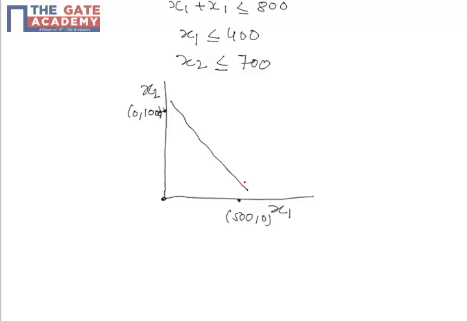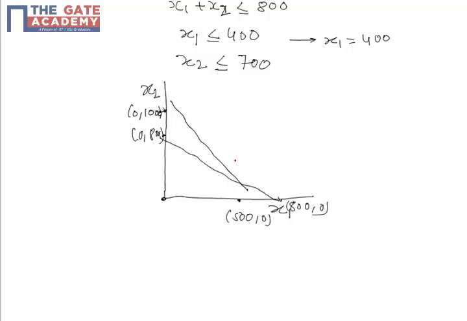Now the second line is x1 plus x2 is equal to 800. If x1 is equal to 0, then x2 value is 800, so the point is 0, 800, and on this axis it is 800, 0. Now we add this line also by a straight line, and then the next line is x1 is equal to 400.